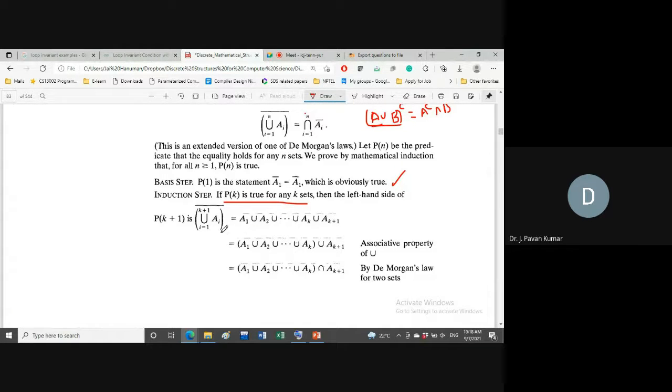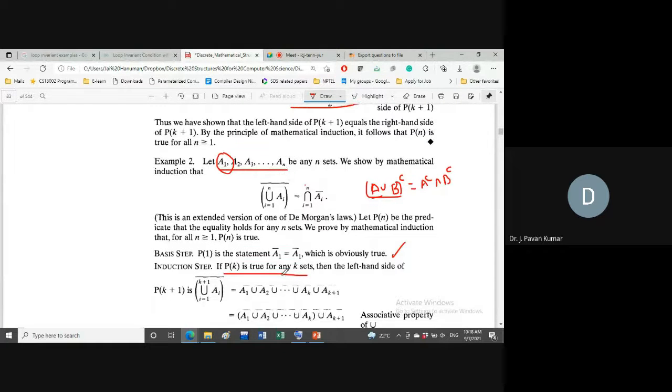That is, for P of k, A1 union A2 union so on AK whole bar is equivalent to A1 bar intersection A2 bar intersection A3 bar and so on AK bar.